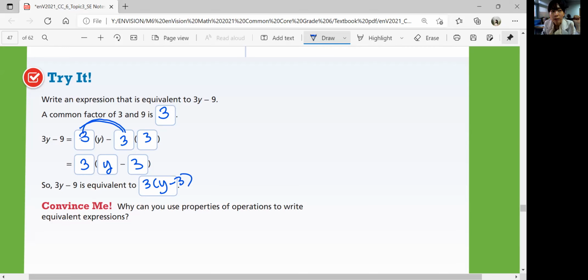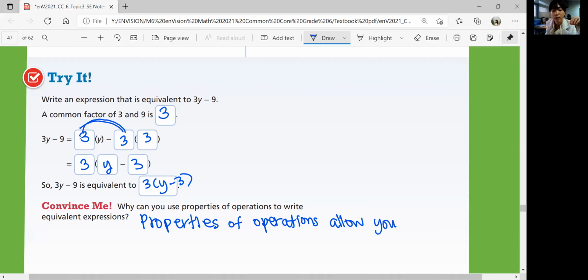Why can you use properties of operations to write equivalent expressions? Why? Because what are properties of operations? What do they do? Properties of operations allow you to change the order of terms, group terms, or distribute terms without changing the value of the expression.